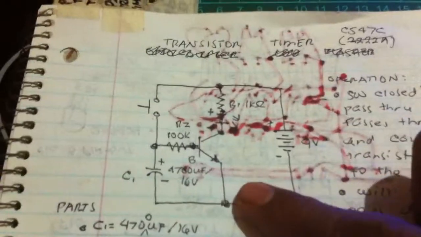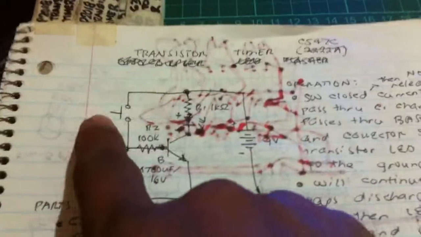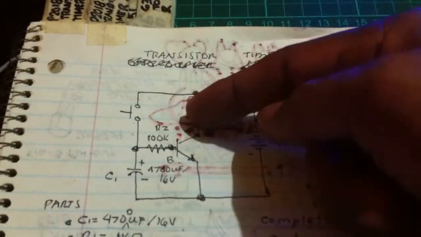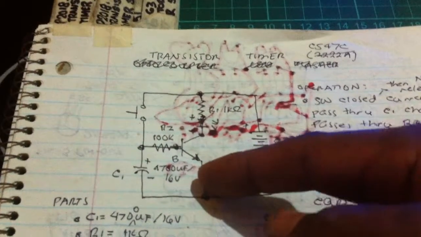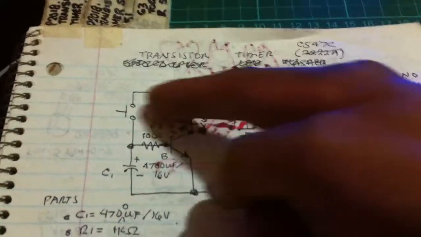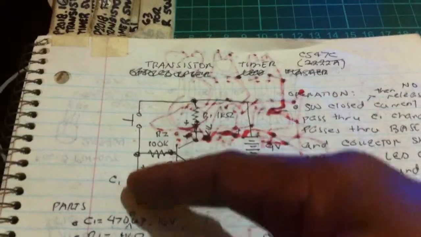Because this is a regular NPN. I'm using a C547 here. When you push the button, current flows here, conducting the transistor in switch saturation mode, and also flows here, charging the capacitor.